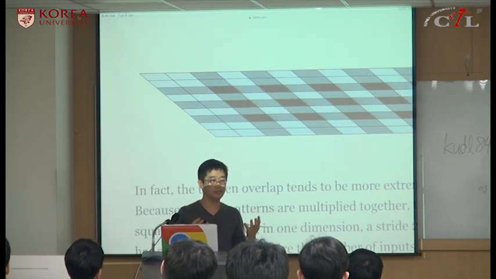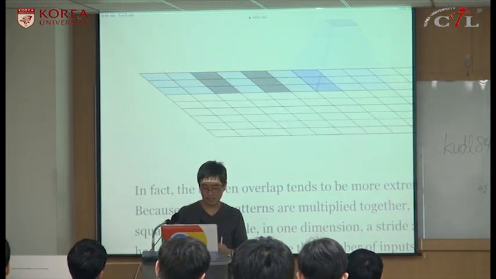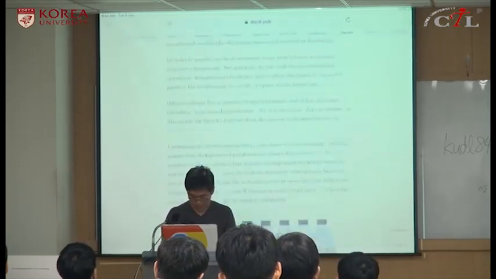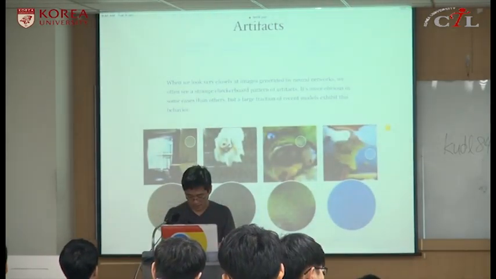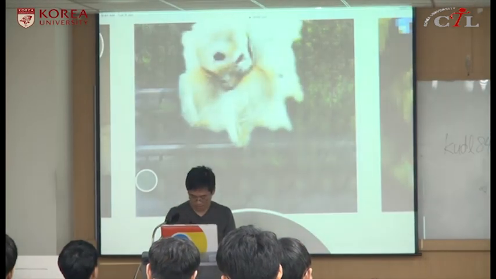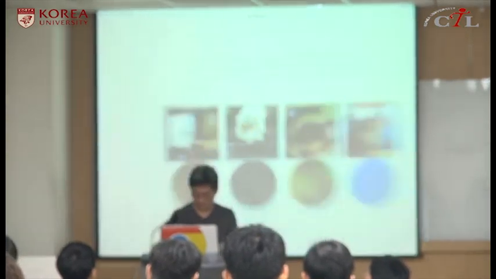Because it will be the sum of more random variables, right? So that way, we sometimes see this kind of checkerboard pattern in our deconv output, like some regular pattern. It is a little bit hard to see, but yeah.